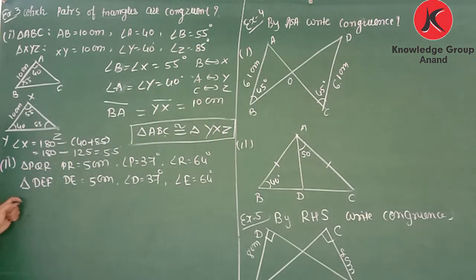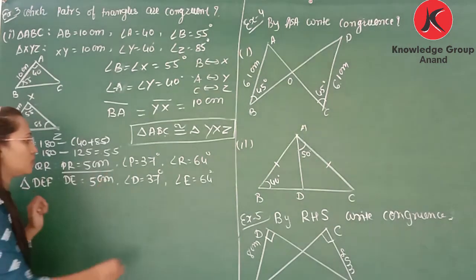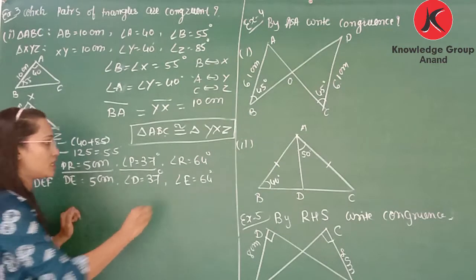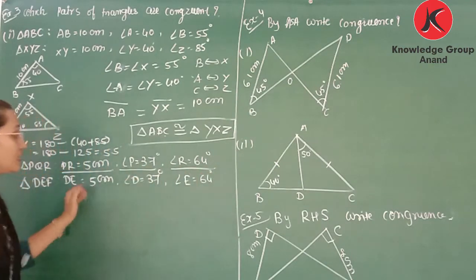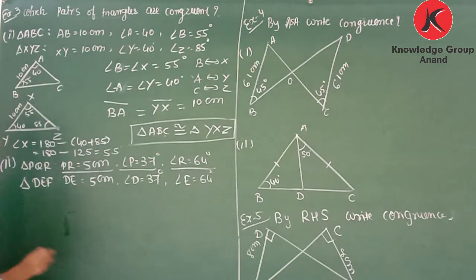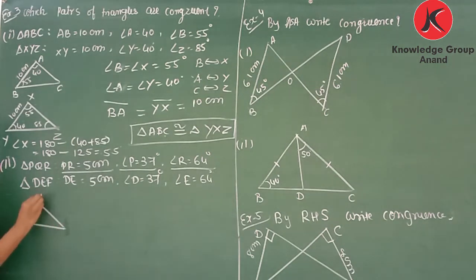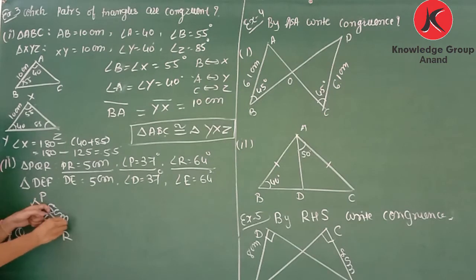Clear? Now next one. In triangle PQR, PR is 5 cm, angle P is 37 degrees and R is 64 degrees. So let's draw triangle PQR. Here PR is 5 cm, P is 37 degrees and R is 64 degrees. Two angles and the included side are given.